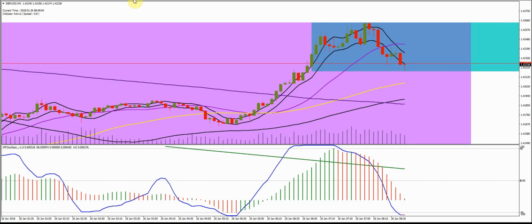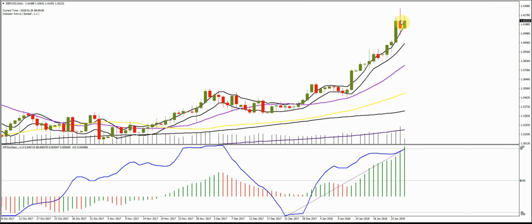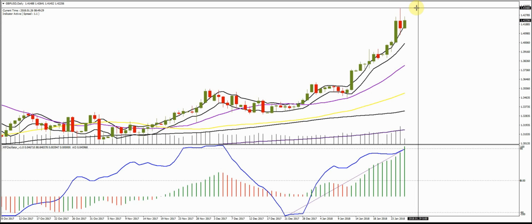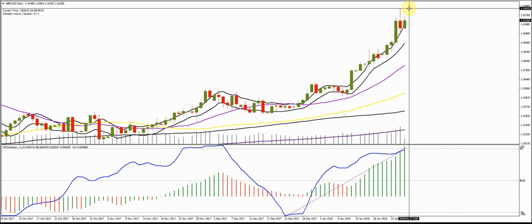It's been up as high as around 143, 143.40.